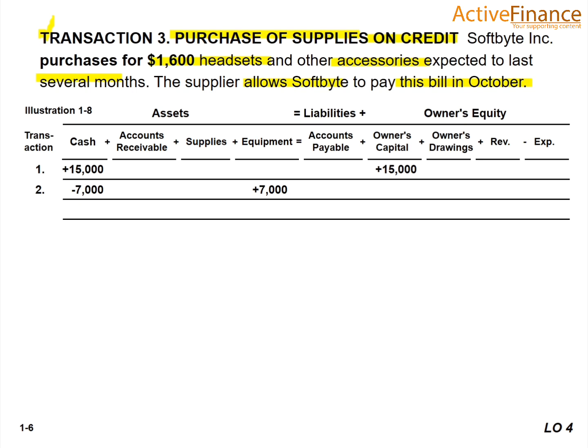We will record this transaction. We add $1,600 in the supplies account, and because we bought these supplies on credit, we will have to pay next month. So we add this amount in accounts payable. We are liable to pay $1,600, which is why it is mentioned in accounts payable.